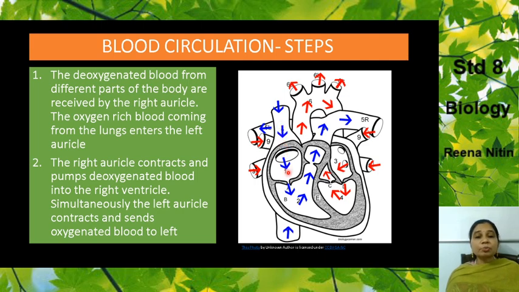The oxygen rich blood coming from the lungs is entering into the left auricle. This is step number one. The right auricle then contracts and pumps the deoxygenated blood into the right ventricle. Simultaneously the left auricle contracts and sends the blood into the left ventricle.